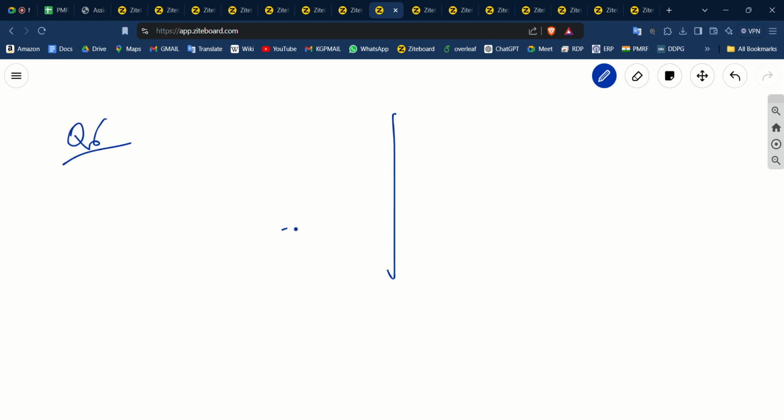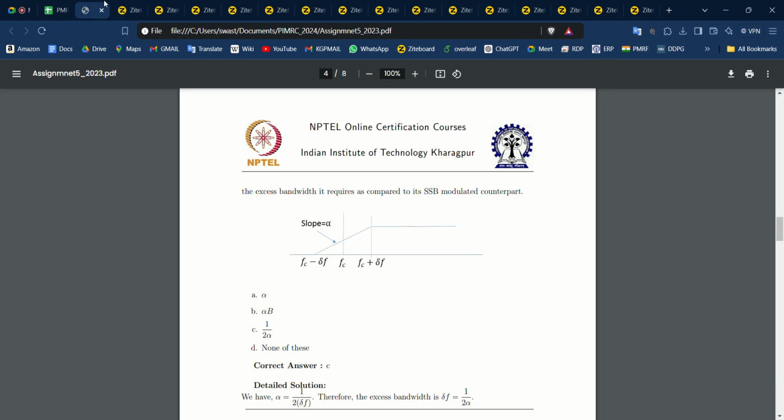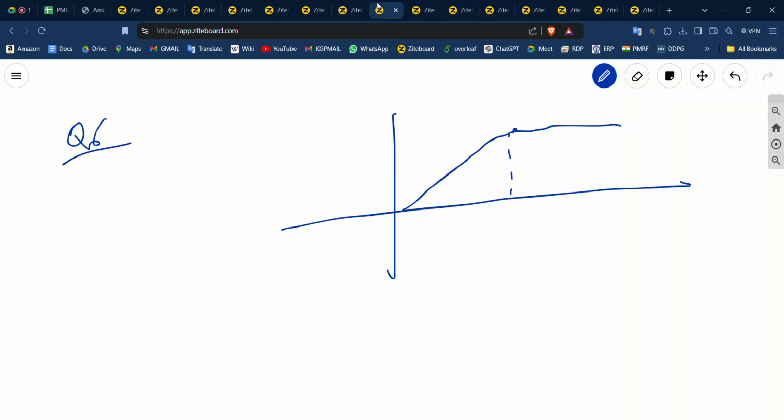Within this 2 delta f, we start with 1, since they have said the gain is 1. This is fc minus delta f, and this is fc plus delta f. In this 2 delta f region, the gain goes from 1 to 0.